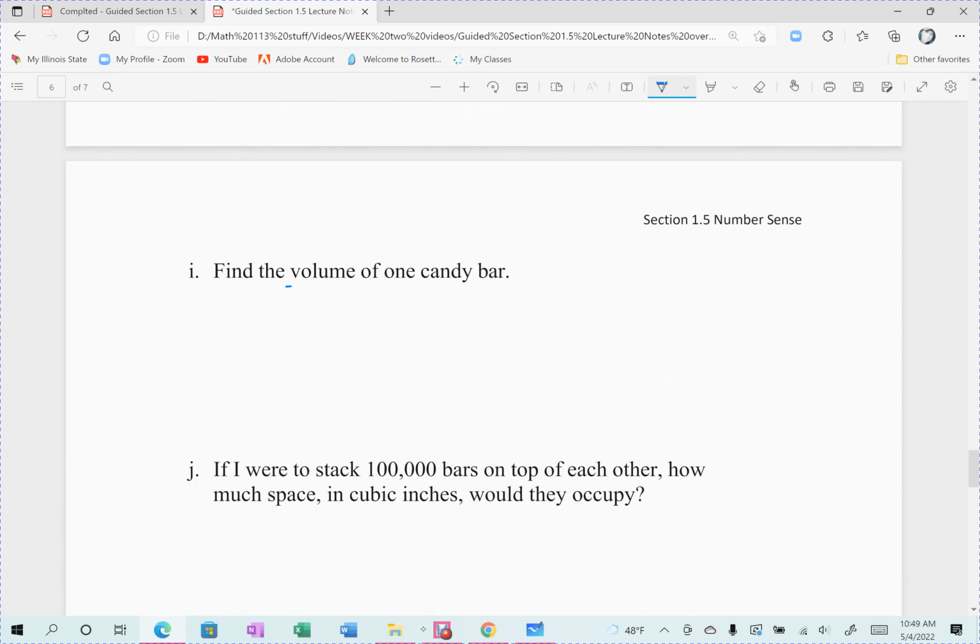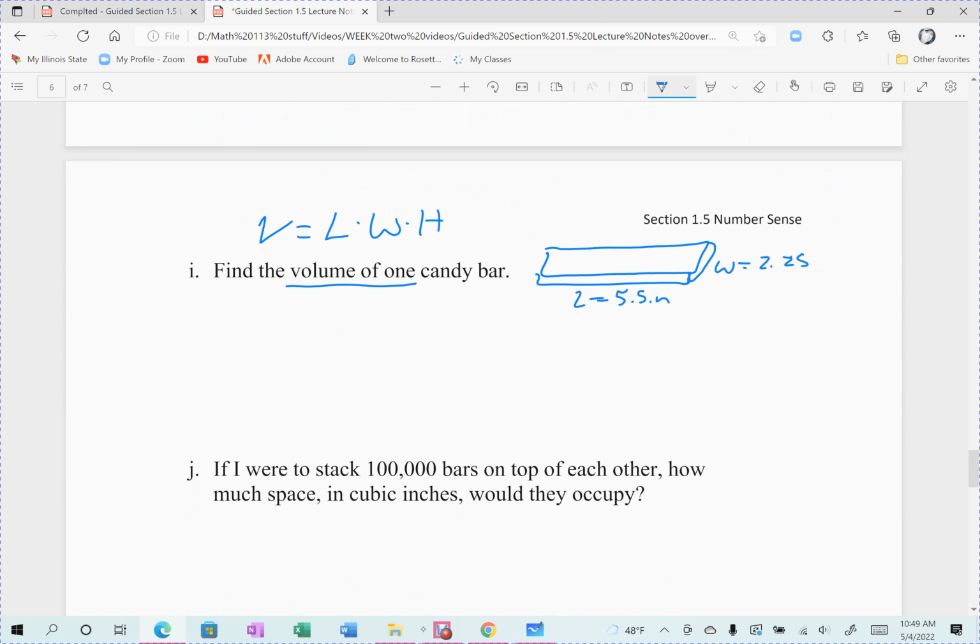Now we want the volume of the candy bar. So again, I'm going to draw my candy bar here. Remember, volume is length times width times height, and we were given each of those. Length was 5.5 inches, width was 2.25 inches, and the height was 1/4 of an inch, or 0.25 inches.